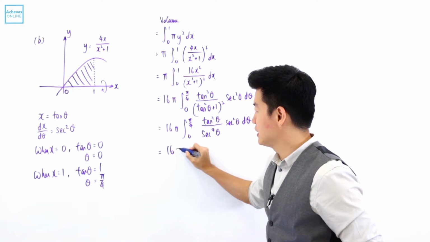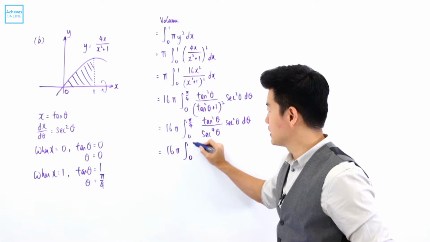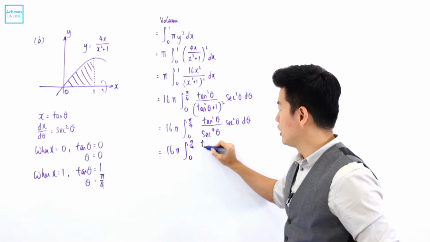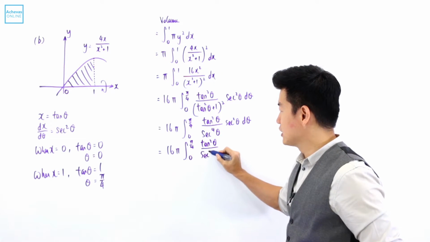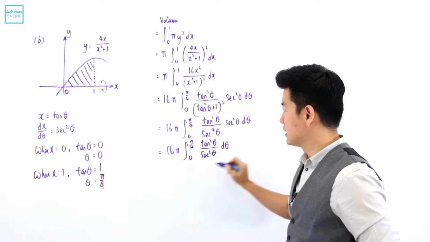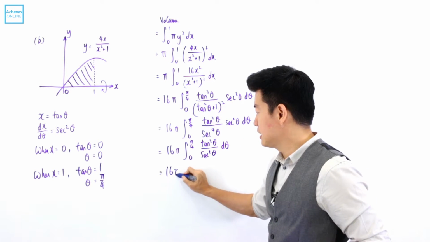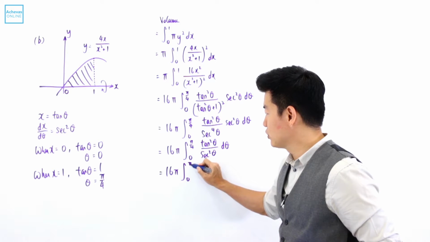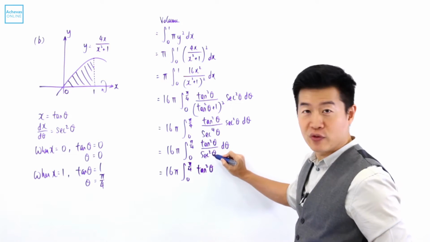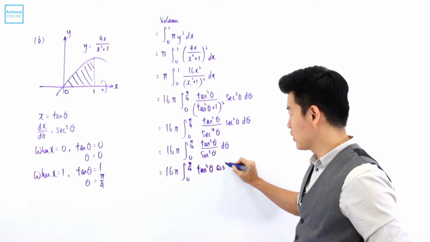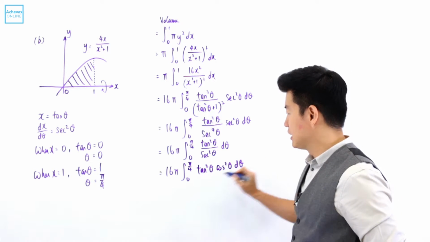So this is 16 pi integration from 0 to pi over 4 of tangent square theta divided by secant square theta d theta. And this is 16 pi integration from 0 to pi over 4 of tangent square theta, 1 over secant square is cosine square, so cosine square theta d theta.